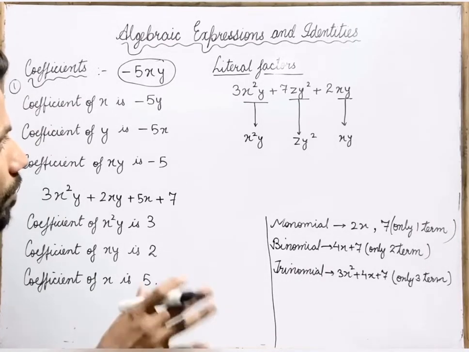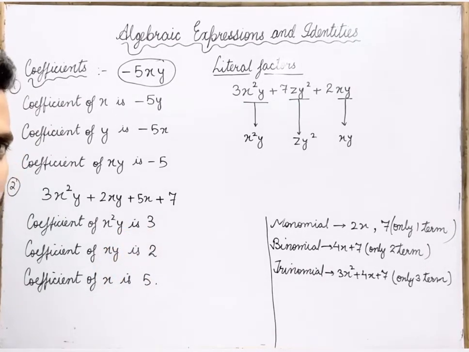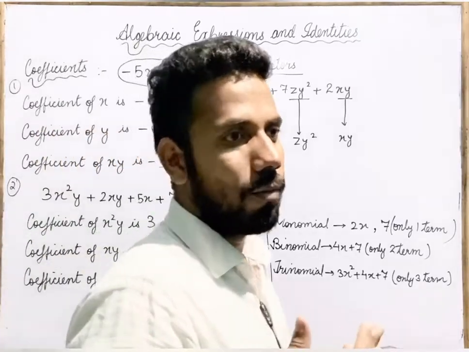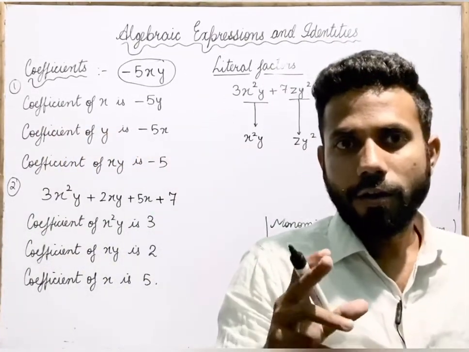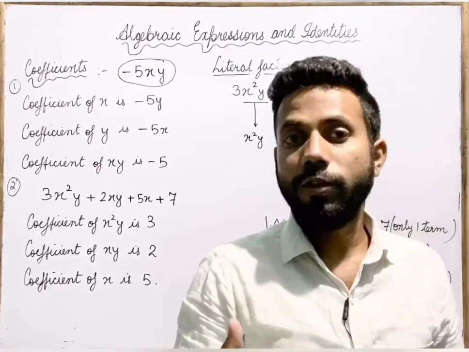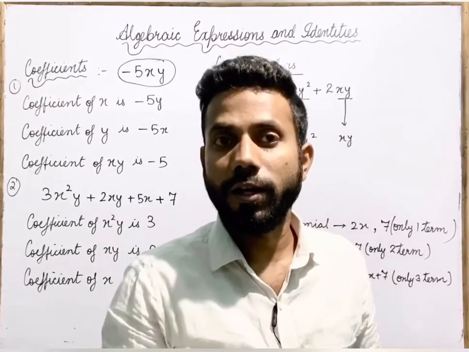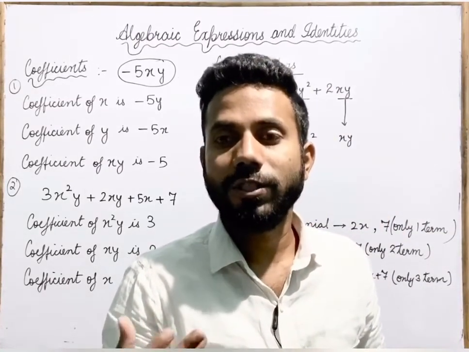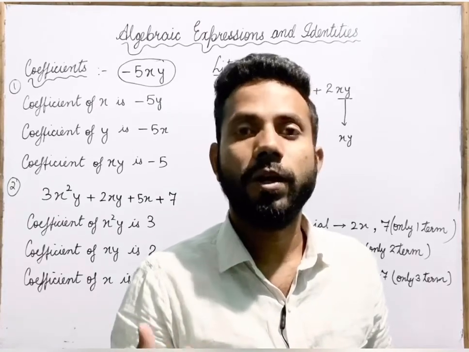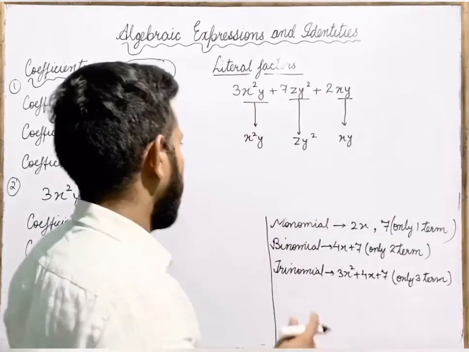So be very careful. In some of the questions, an algebraic expression or terms with the same literal factor will be given and you will be asked to state whether the given algebraic expression is a monomial, binomial, trinomial or polynomial.